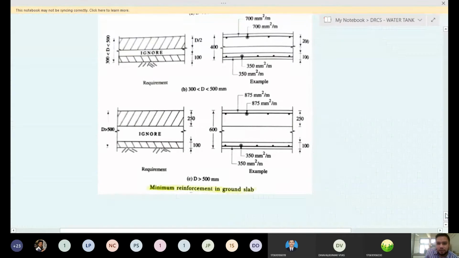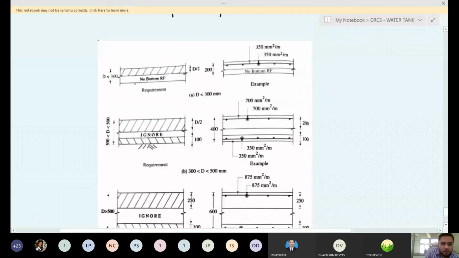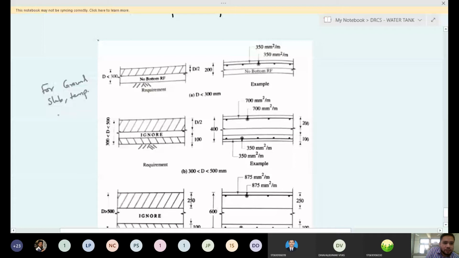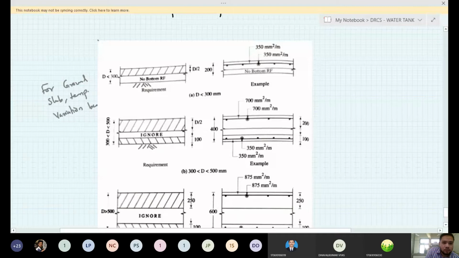So there will be a temperature difference between the top surface and the bottom surface. Because this is resting on the ground, there will be temperature variation. For ground slabs such as rafts of a tank, there will be temperature variation between the top and bottom surface.